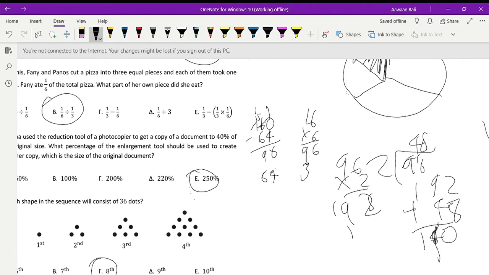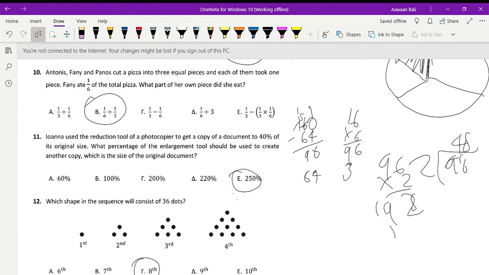We get 140. What? We got 230. Well, the answer is 250%.